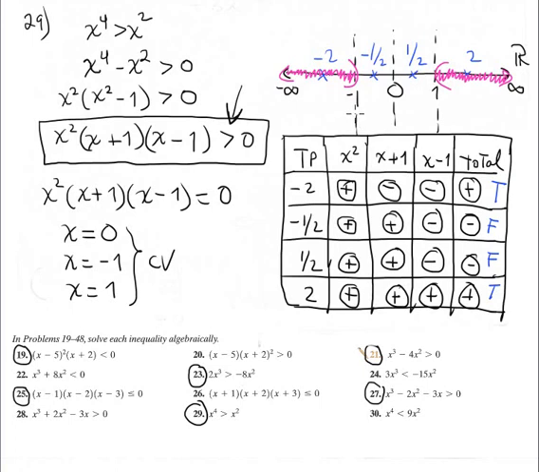Okay, then the interval solution is negative infinity to negative 1, union 1 to infinity. This is equivalent to x such that x is less than negative 1 or x is greater than 1.